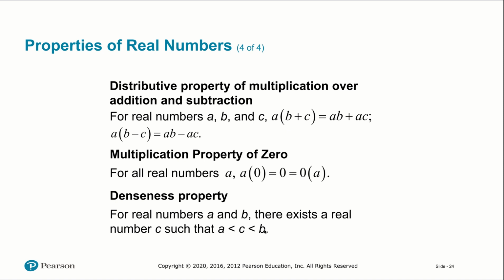So given any two real numbers, no matter how close they are to each other, you're always going to be able to get another real number in between. This is why we say the set of real numbers is very dense. Now, we've already shown you how that works in a previous video. There's no need to repeat that.